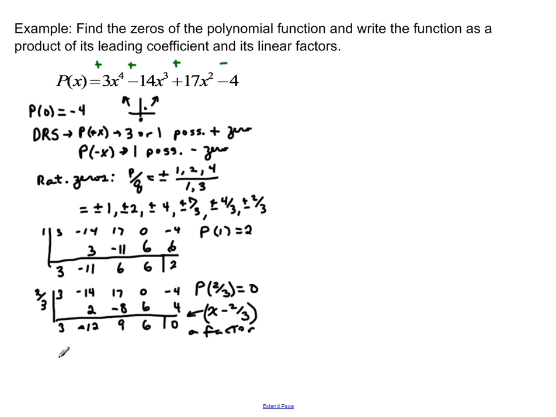What does that mean if it's a factor? Well, that means that so far we've got P of x is equal to 3x cubed minus 12x squared plus 9x plus 6 times x minus 2/3.